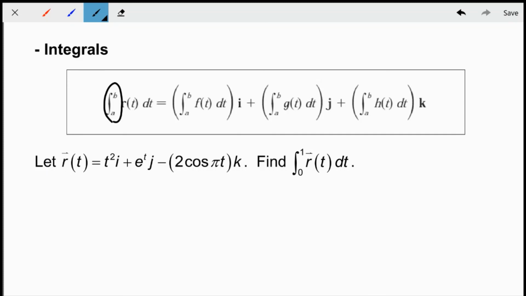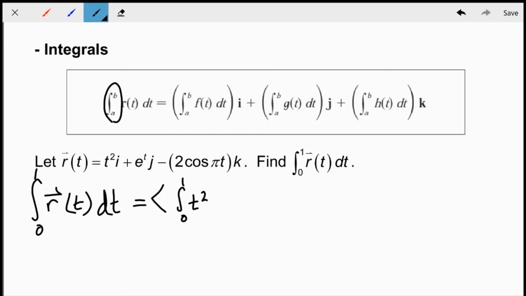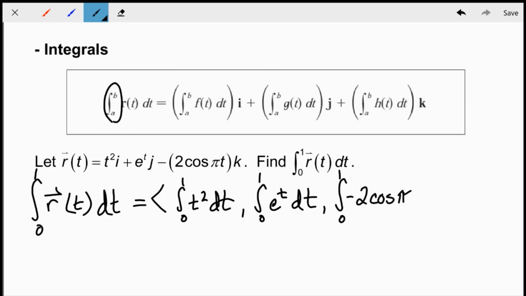So r of t dt would be equal to, and I'll write this in component form, the integral from 0 to 1 of t squared dt, and then the integral from 0 to 1 of e to the t dt, and then the integral from 0 to 1 of negative 2 cosine pi t dt.